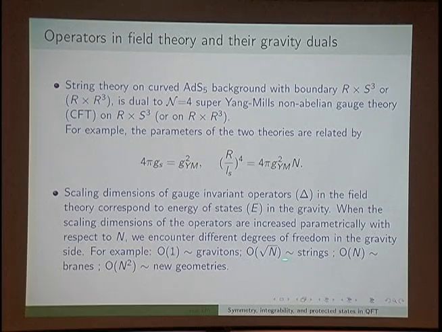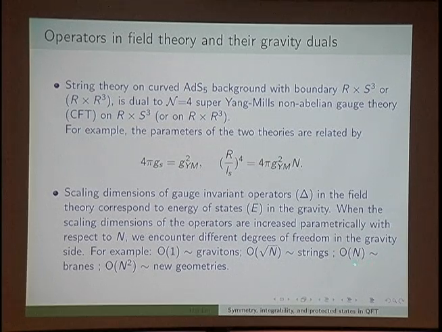And if the scaling dimension of the operator becomes very large, growing with N, for example as the square root of N, then these operators can also describe string excitations on the gravity side. Those are quite heavy states, heavier than ordinary gravitons.